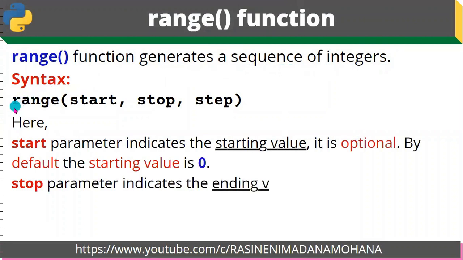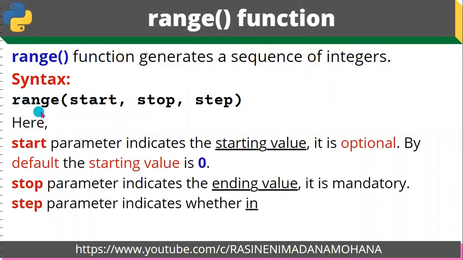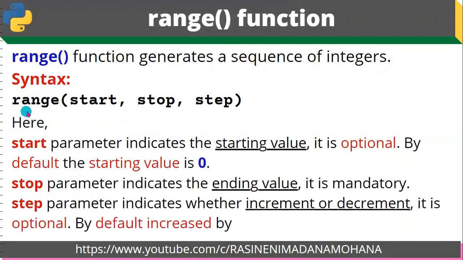The syntax of the range function is the built-in reserved keyword range, and within the brackets it includes 3 parameters. The first is the start value, comma, the second is the stop value, comma, the third is the step value. So the range function is a combination of the 3 parameters: start, stop, step.